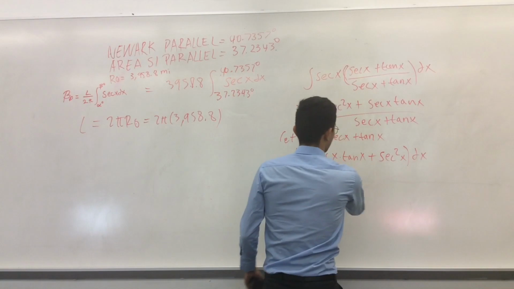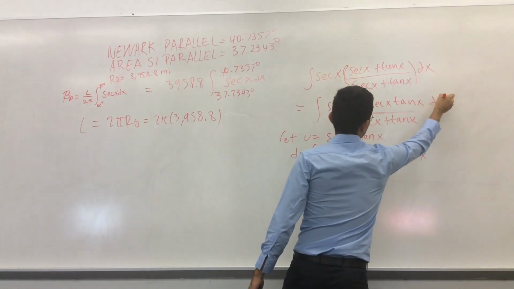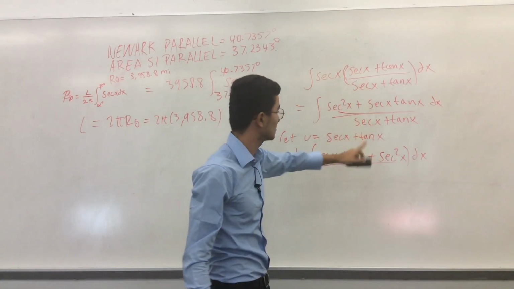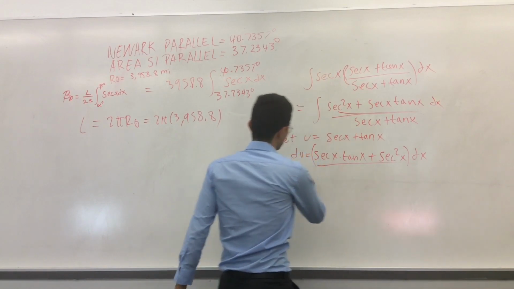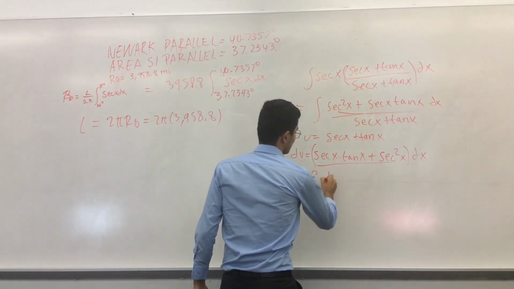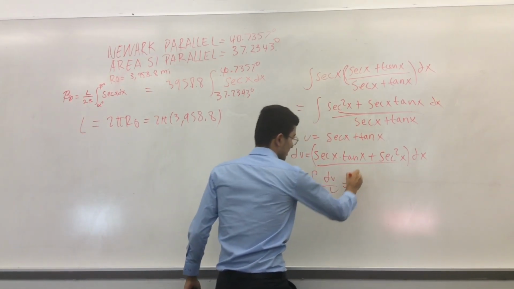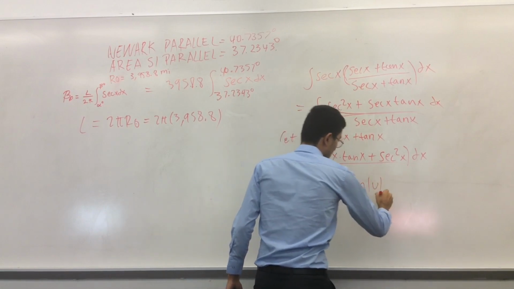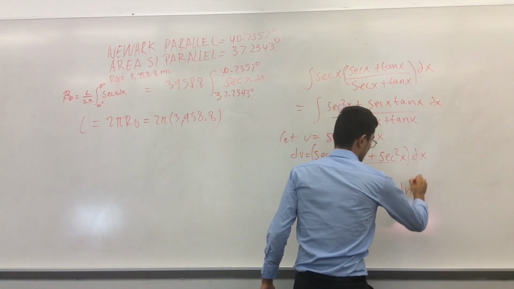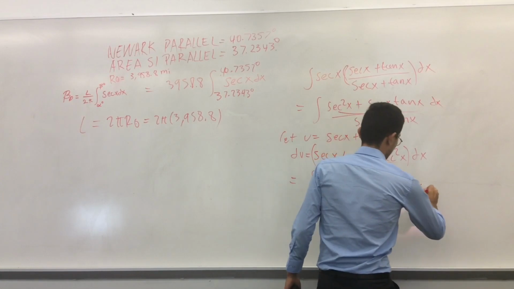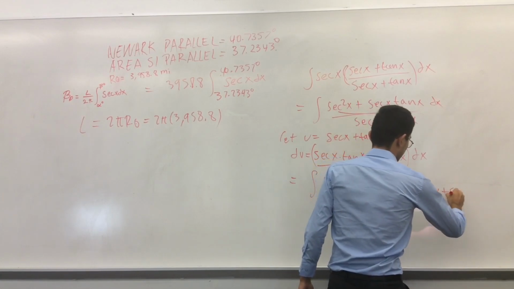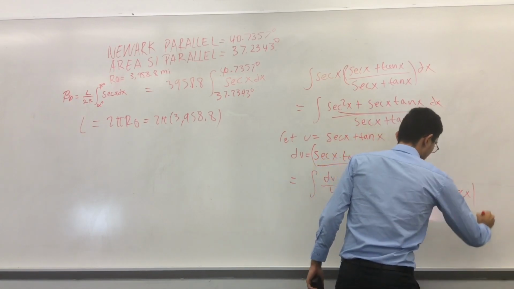And look at that, we have that in here, so we're going to substitute. That's going to be equal to the integral of du over u, which is ln absolute value of u, which is equal to ln of the absolute value of tangent x plus secant x plus c.